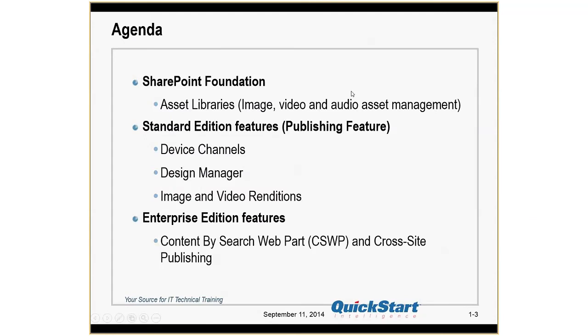What I'd like to share with you today is a few features that Microsoft has put into SharePoint 2013 to help organizations develop and share web-based content, primarily through the publishing feature, but additionally through some extensions they put into their asset library and some new features that they put into the 2013 version around a new web part that shows and displays information and content that's been indexed by the search service.